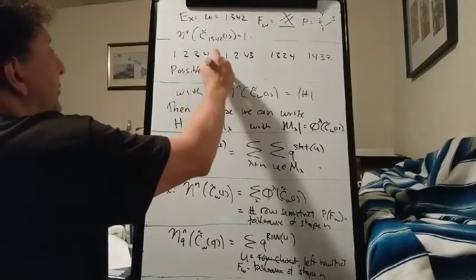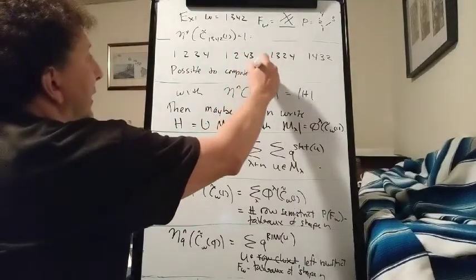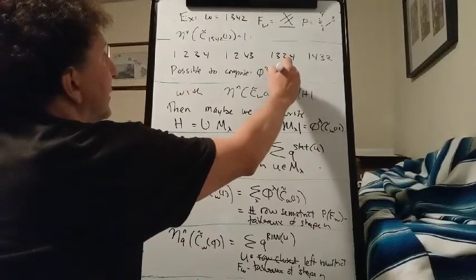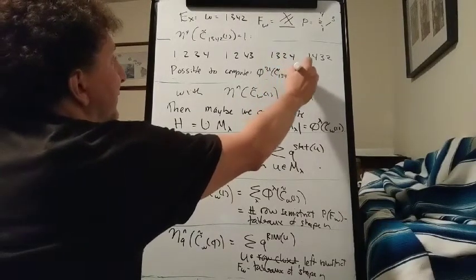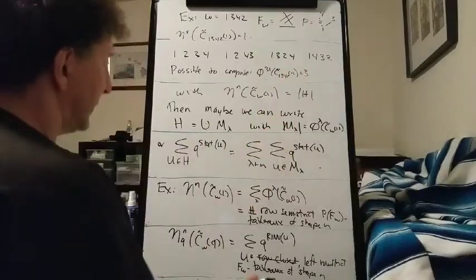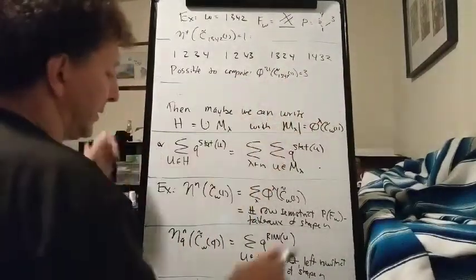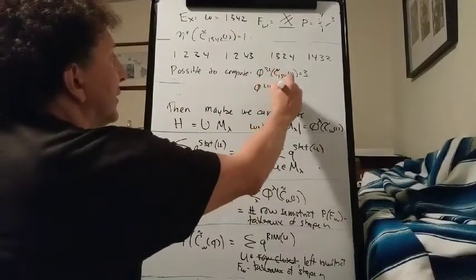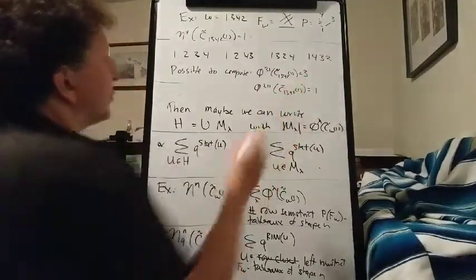Now it's possible to compute that phi 3,1 of this Kazhdan-Lusztig basis element equals 3 and phi 2,1,1 equals 1.